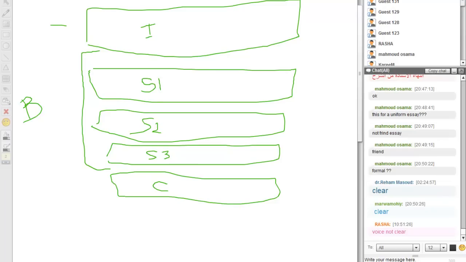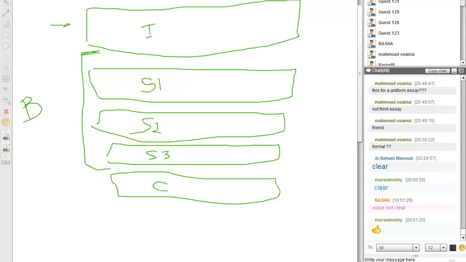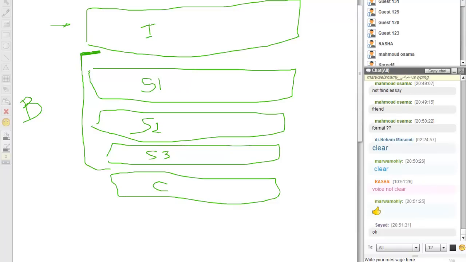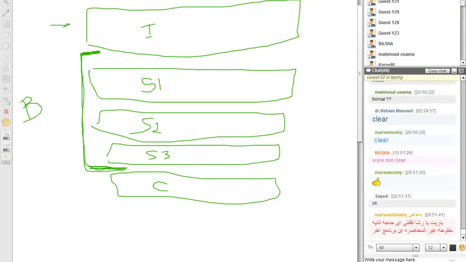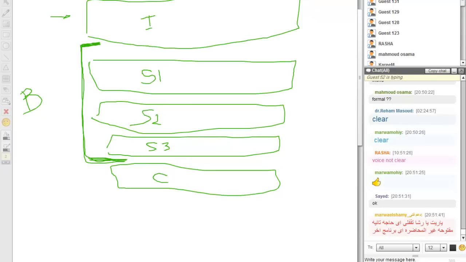The first paragraph is introduction. From the second paragraph till the third paragraph, the fourth paragraph, sorry, this is the body. Supporting idea 1, supporting idea 2, supporting idea 3.